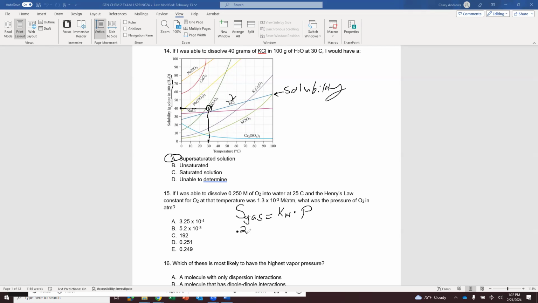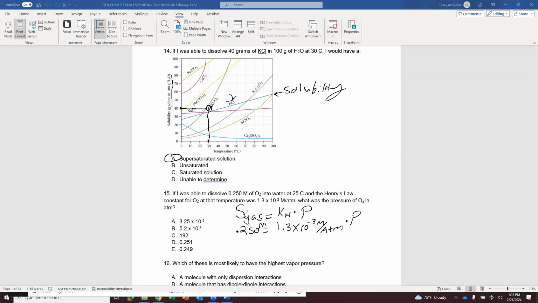So the solubility is 0.250. The Henry's law constant is 1.3 times 10 to the minus 3 molar divided by atmosphere. This is molar. So I want to multiply that by P. So I'm trying to find P.